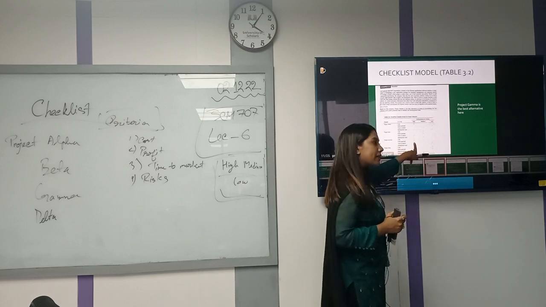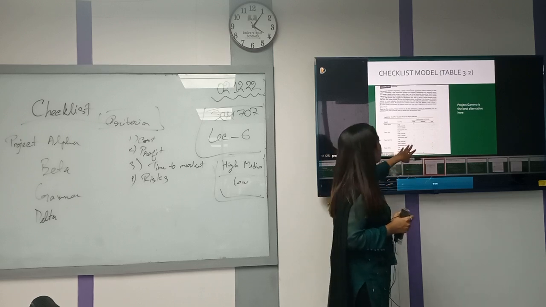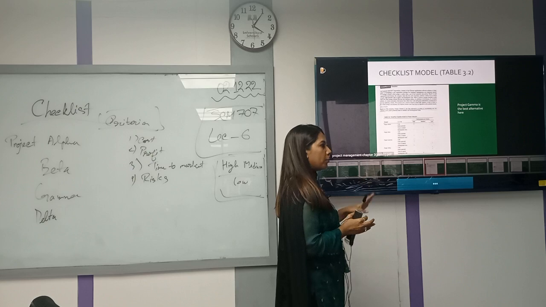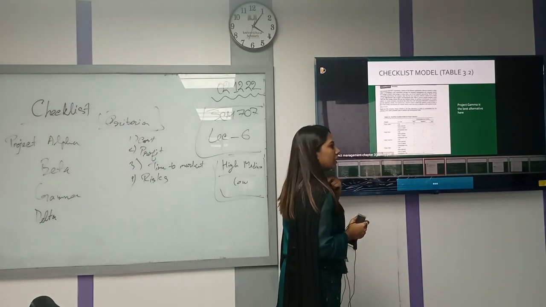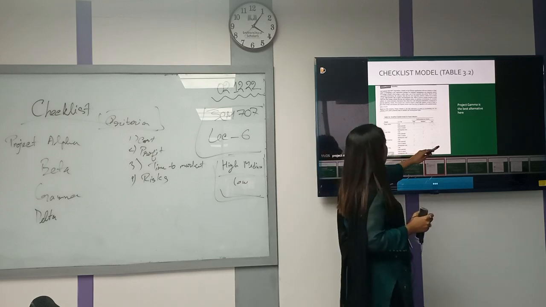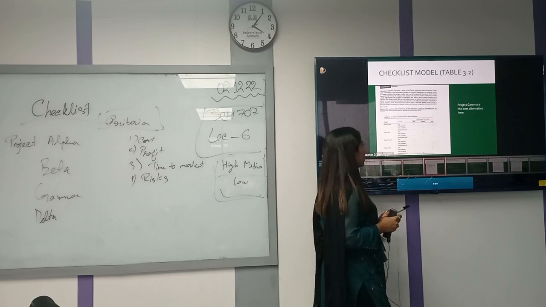So let's come to gamma. গামাতে দেখেন cost is high, profit is also high, time to market low, but risk is very high. So সব কিছু একটু বেশি রিস্কি, so I'd say beta is doing better এখন পর্যন্ত। ডেল্টাতে কি করতেছে দেখেন, cost is low, profit is low, time to market is high and risk is medium.